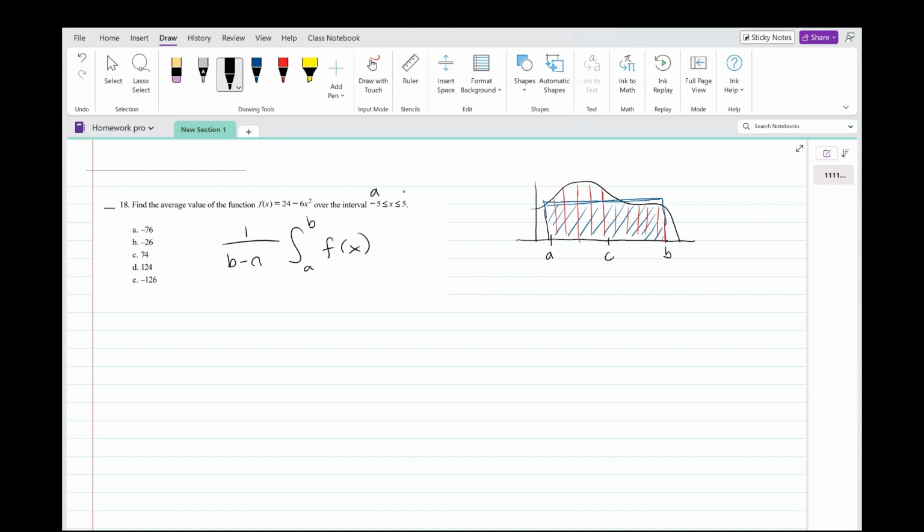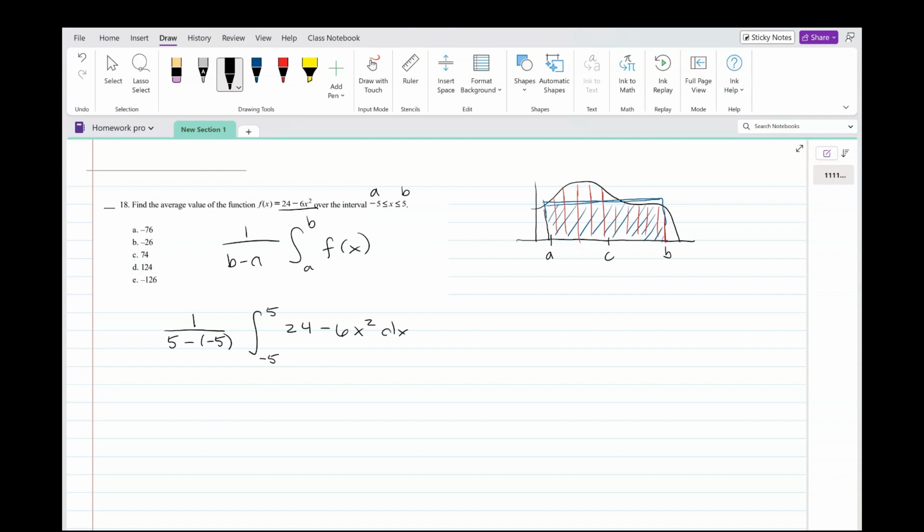In this case, a is going to be -5, b is going to be 5, and then our function is going to be 24 minus 6x squared. So let's go ahead and plug that in. So 1 over b minus a is going to be 1 over 5 minus -5, times the integral from -5 to 5 of 24 minus 6x squared dx.